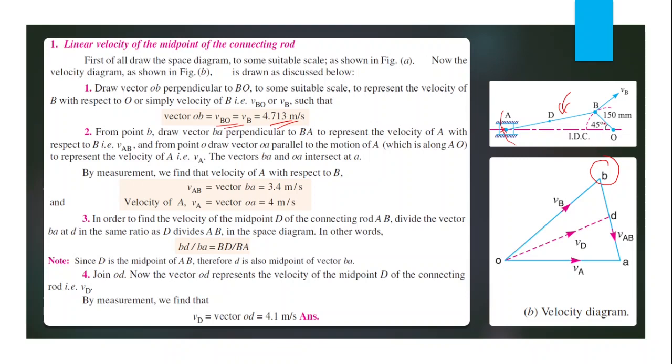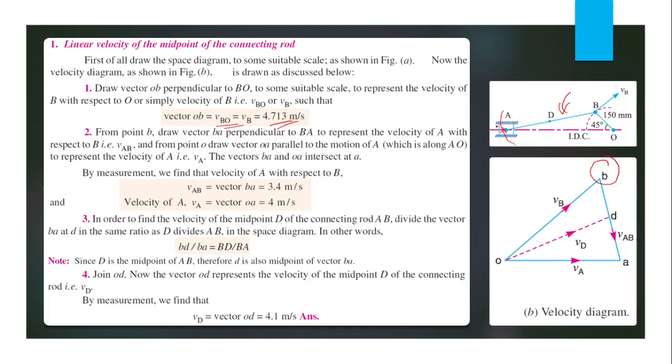We know that direction must be perpendicular to link OB. Then we can draw this line OB having length equal to 4.713 meter per second. We can take any convenient scale to represent this value. We have already calculated this magnitude and direction. This direction must be perpendicular to this link OB.